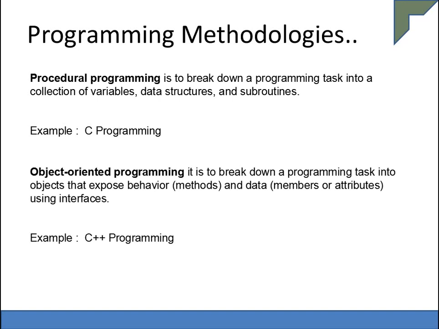Object oriented: here you break the programming into certain kinds of objects, and how an object is going to behave is converted into methods and data, using certain kinds of interfaces.